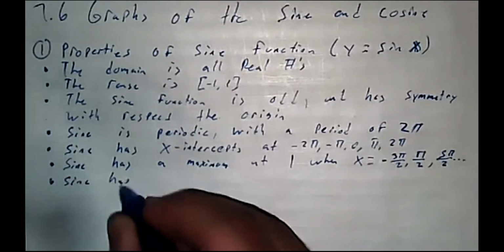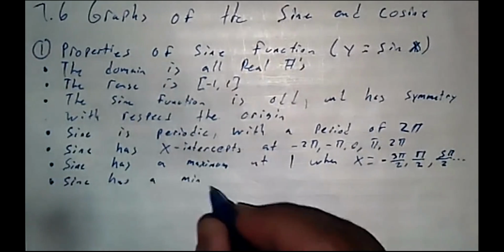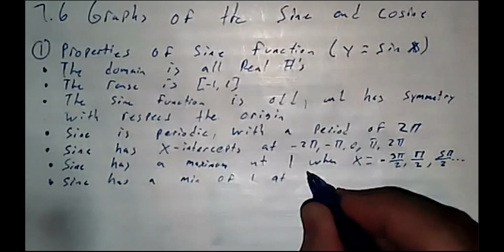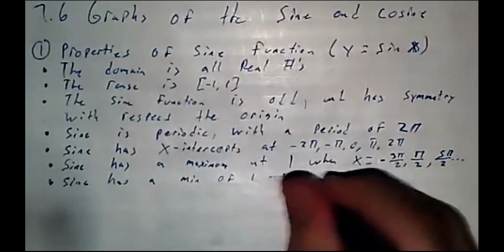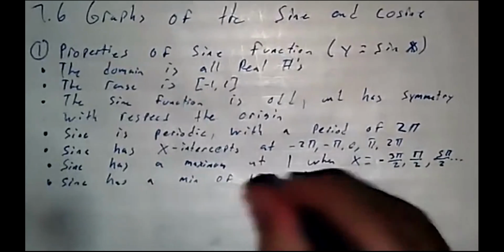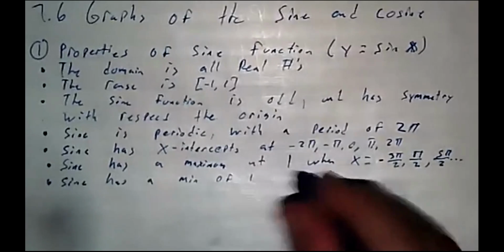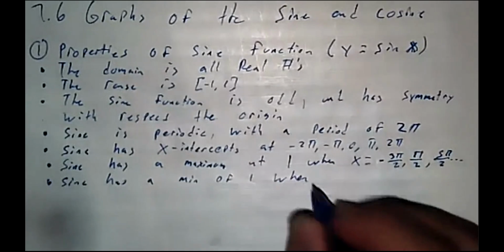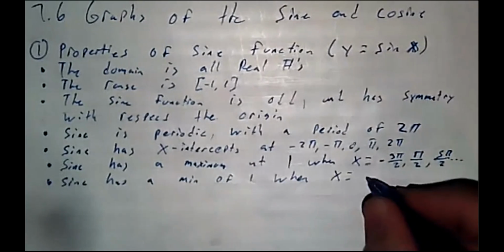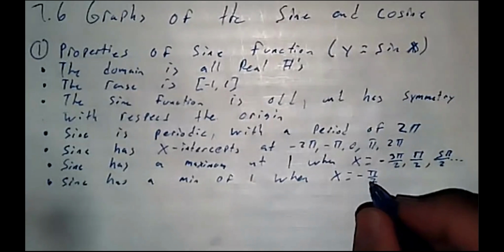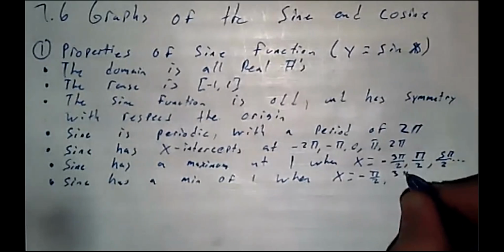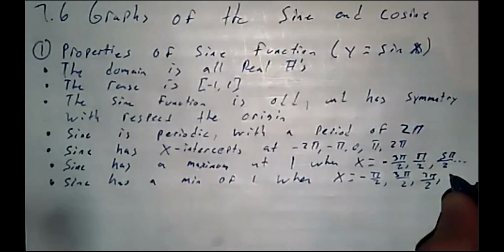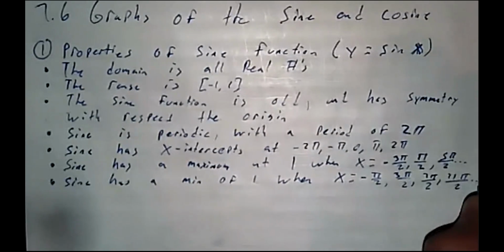Sine has a minimum of negative 1 when x is equal to negative pi over 2, 3 pi over 2, 7 pi over 2, 11 pi over 2, etc. Keeps going.